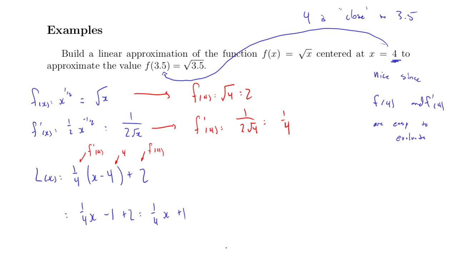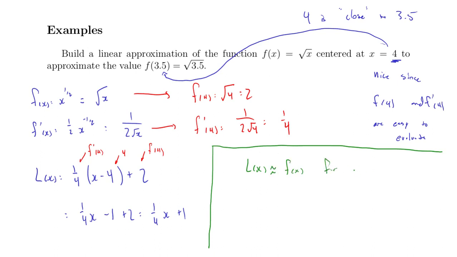Okay, cool. What does that do? The whole point here is that L of x is approximately equal to f of x for x values close to 4. And guess what? 3.5 is an x value close to 4.